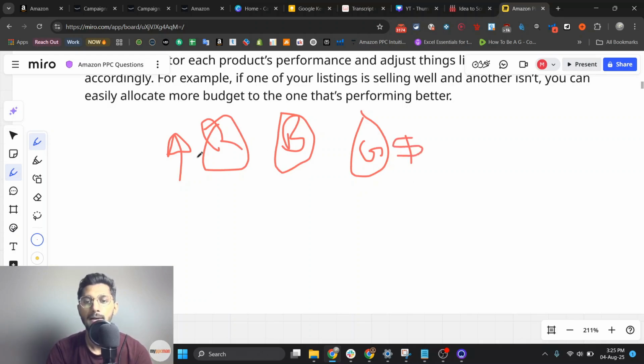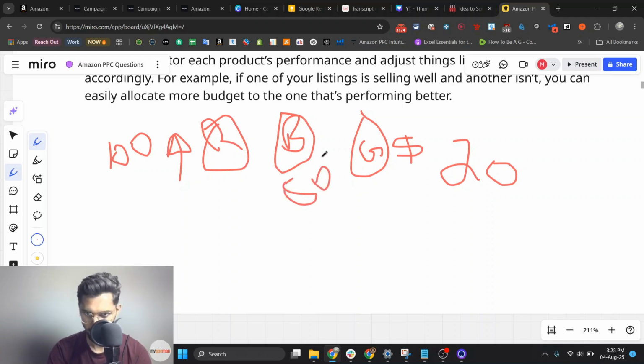This one has 20 sales every day, and this one has 100 sales every day. And this one has 50, and it is in the mid range, not selling much and not having much profit either.